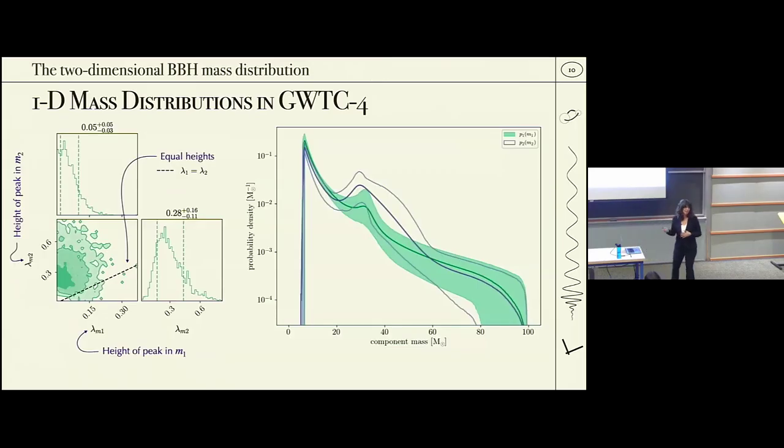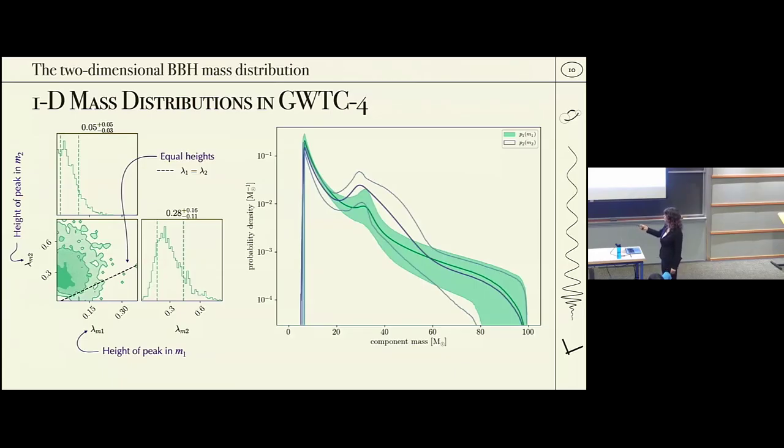For the sake of this talk, I updated it with GWTC4. And actually, the support for a higher peak in the secondary mass distribution increased. So you can kind of see that here. Lambda M1 here is the height of the peak in the primary mass distribution. Lambda M2 is the height of the peak in the secondary mass distribution.